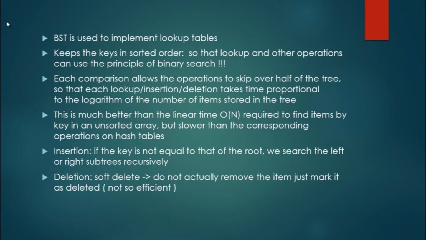So binary search tree is used to implement lookup tables. We want to store data. We keep the keys in sorted order so that lookup and other operations can use the principle of binary search.